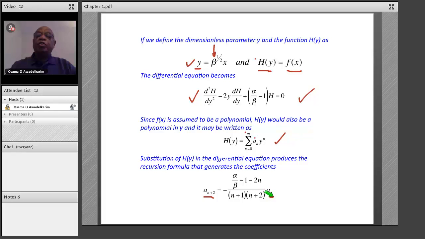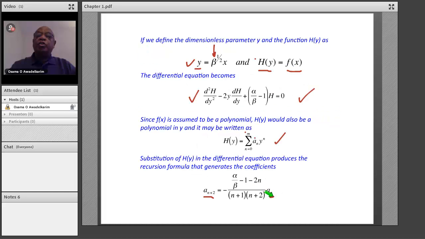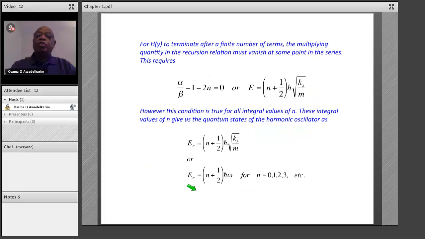As I said, I'm not interested here in the math of solving the differential equation. I'm just outlining how to solve it. You could consult any differential equation textbook and see how we can solve a differential equation of this type and how we can obtain this recursion formula.